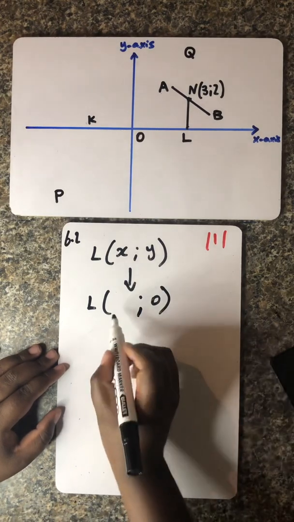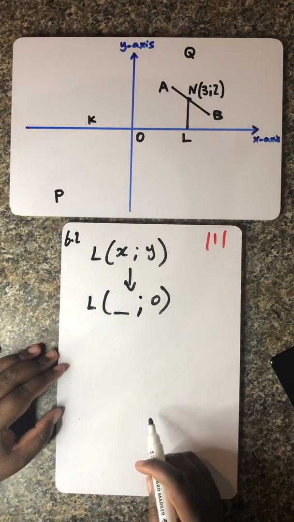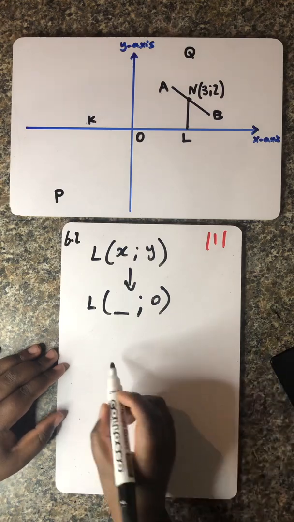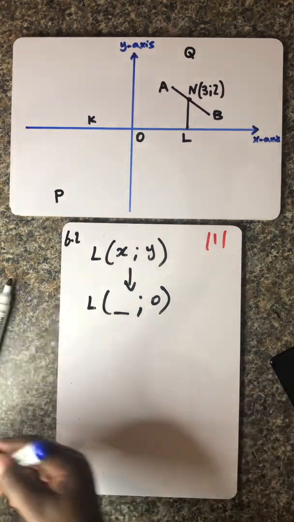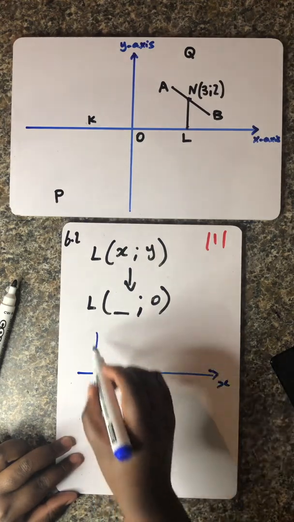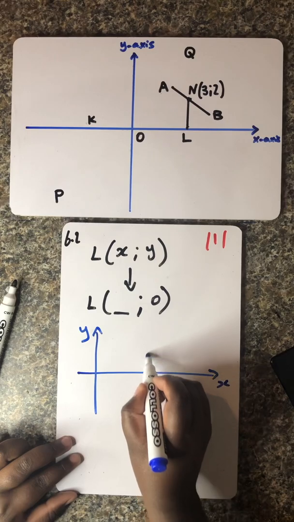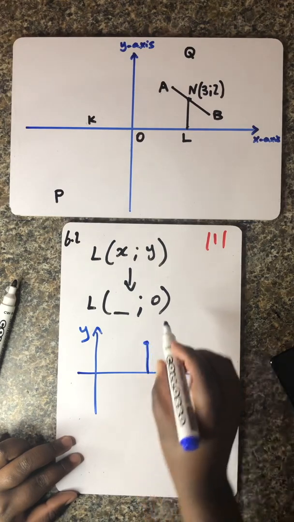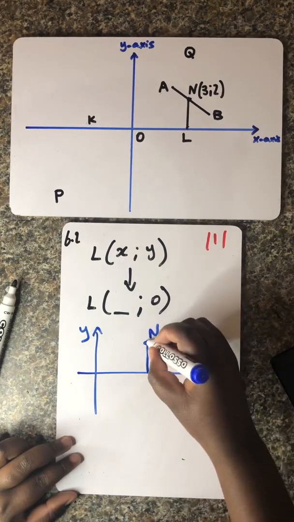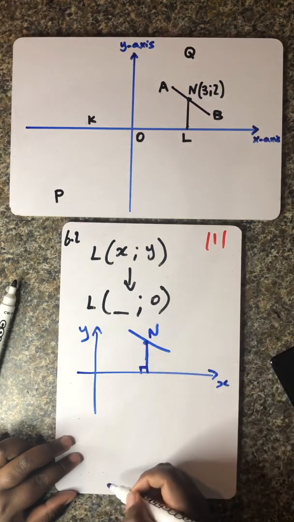So now you've got a challenge to determine what is the X value. Okay, remember, ladies and gentlemen, this is that X axis. Okay, and then let's just say this is that Y axis. You've got a line which is perpendicular. Remember that, ladies and gentlemen, they just said it's perpendicular, so it forms a right angle over there.